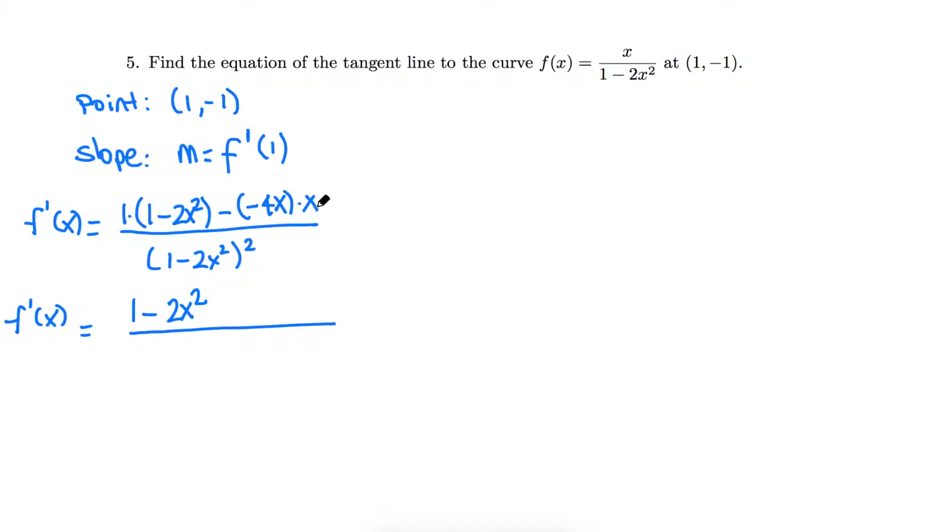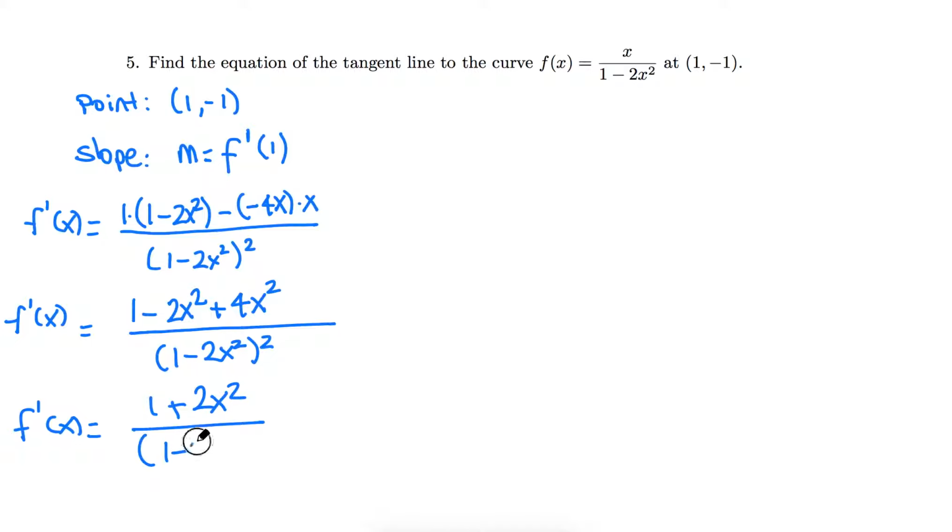Negative 4x times x is negative 4x squared, and there's another negative, so that's plus 4x squared. And the denominator is (1 minus 2x squared). So I have like terms here. So f prime of x equals (1 plus 2x squared) divided by (1 minus 2x squared). So this is my derivative.